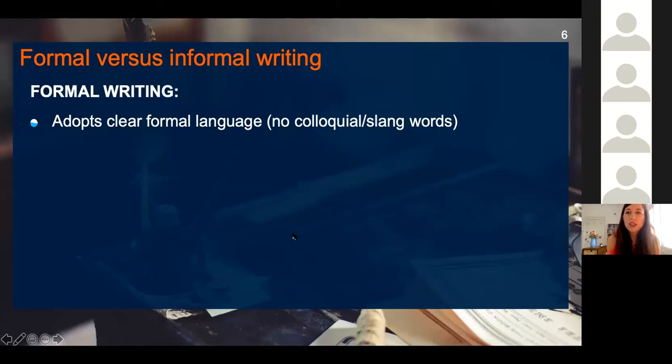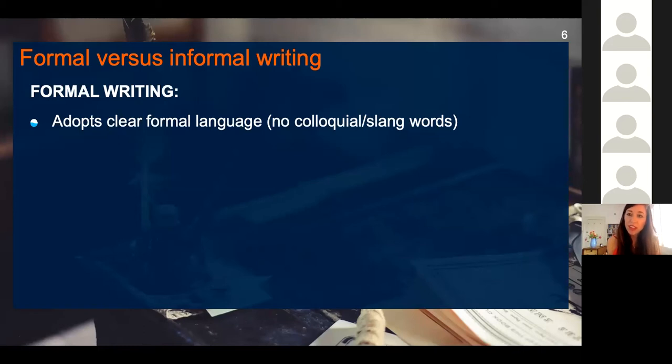So I'm going to start on this topic of formal versus informal writing. We need to think about what formal writing is, which is the academic style of writing that we're referring to for this MSc thesis. Well, basically, it's writing that adopts clear formal language. So we're not using colloquial or slang words.